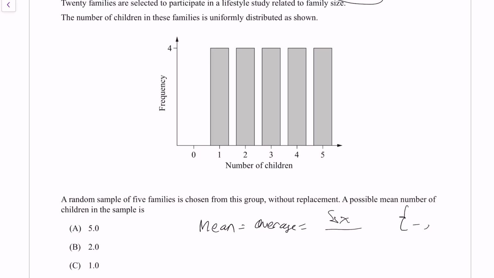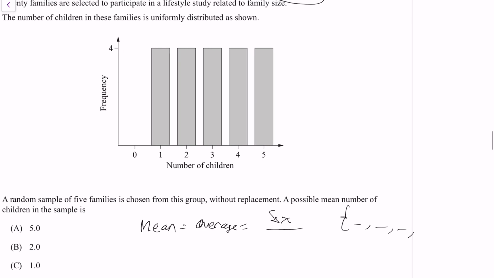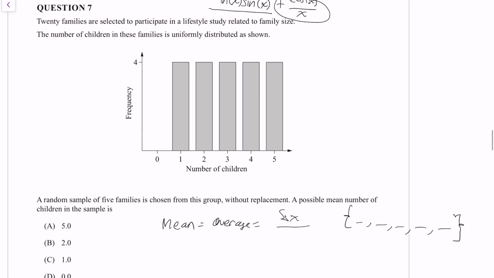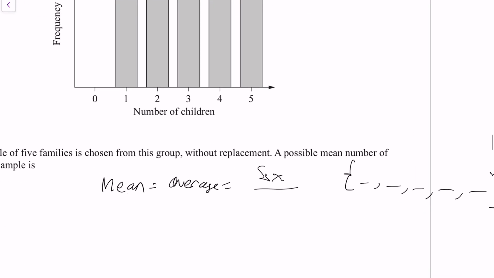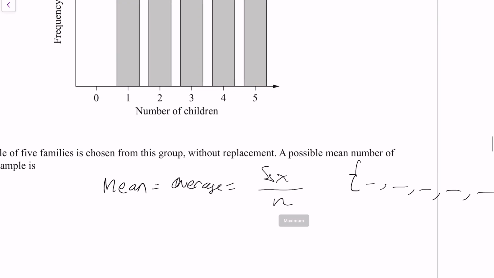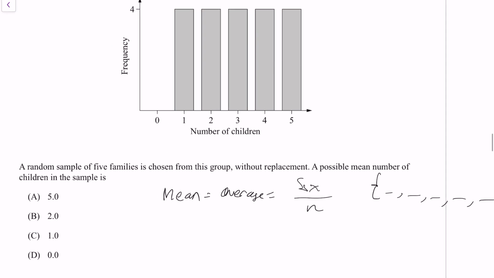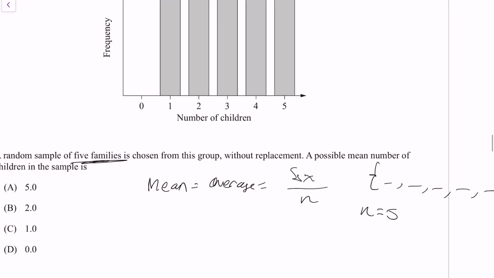So you have 5 numbers, because you've chosen 5 families, over the number of families you chose, right? And what is the number of families you chose? Well, n equals 5 families, right?